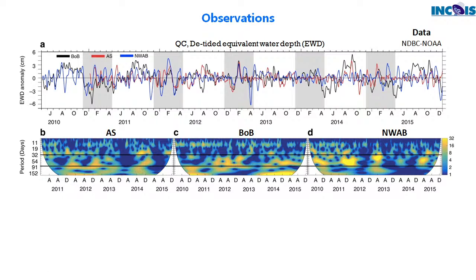So whenever there is a yellow color that you see in the picture, it represents that during this specific time and this specific period, the BPR had a large oscillation, simply. On an average, the maximum variability in these 3 BPRs is seen during the lines that I have plotted, that is for 30 to 80 days. You can see the energies are maximum. You can see more yellows between these lines. And this represents an intraseasonal frequency.